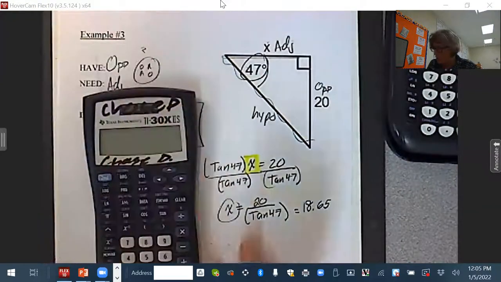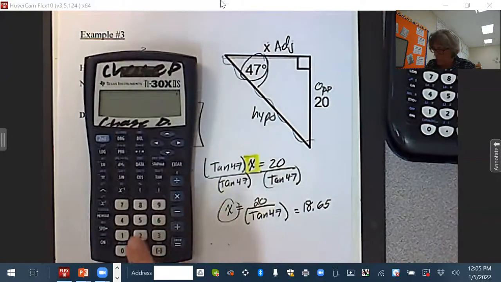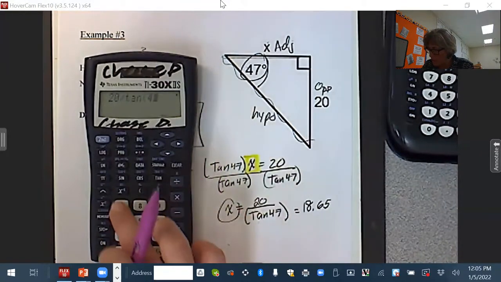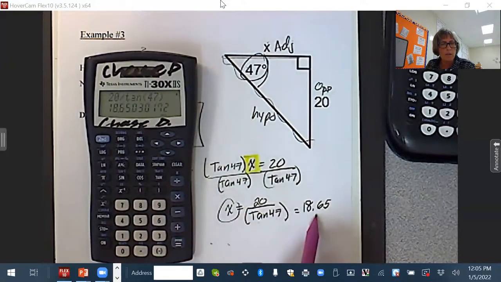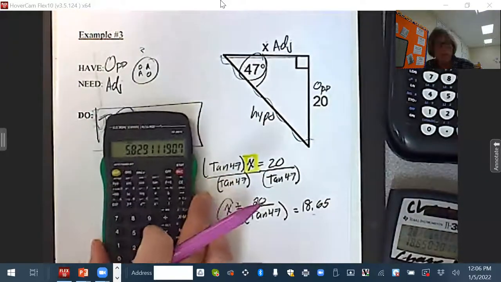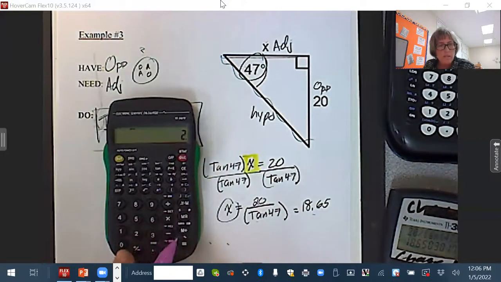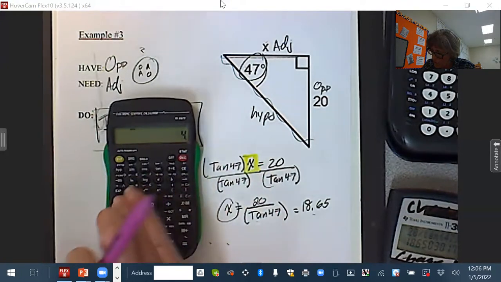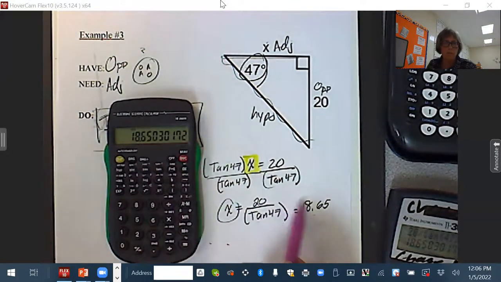On this calculator, it's going to work pretty much the same way. 20 divided by the tan of 47. Enter. You're getting the exact same thing. Some of your calculators, again, are going to work backwards. Watch. You do 20 in this calculator divided by 47 tan, enter. Get the same thing.